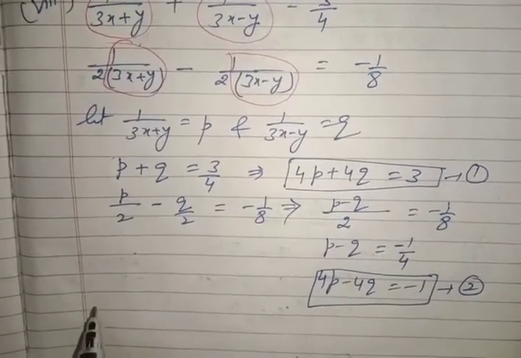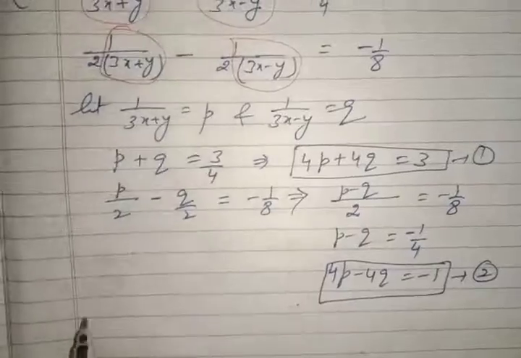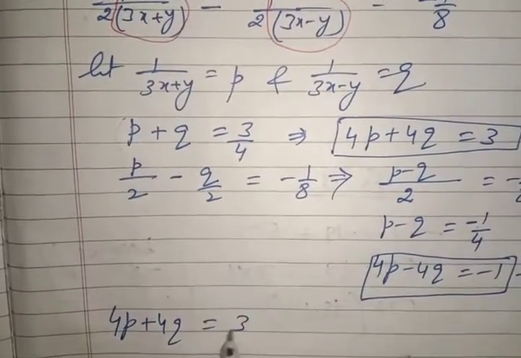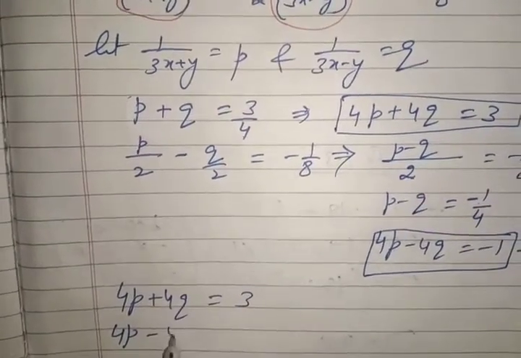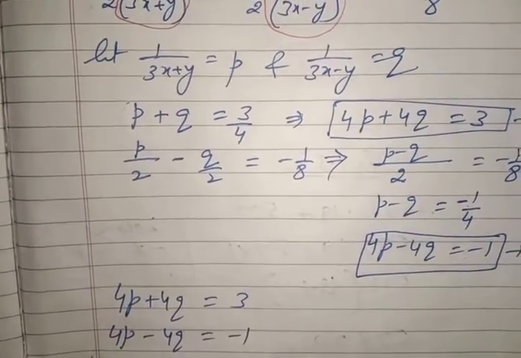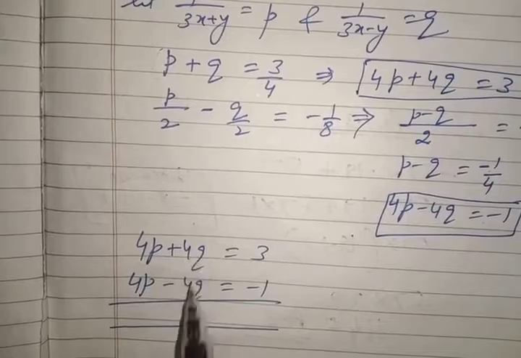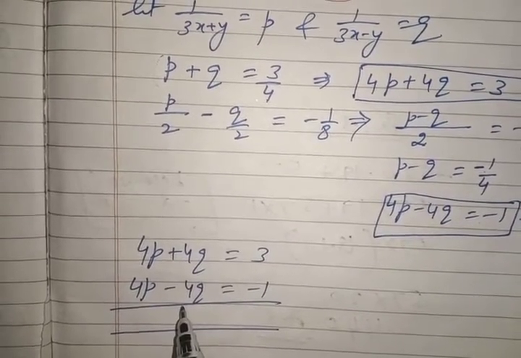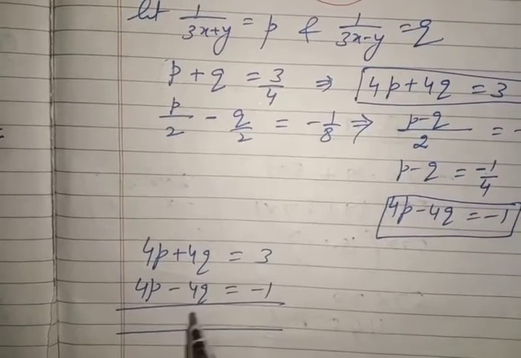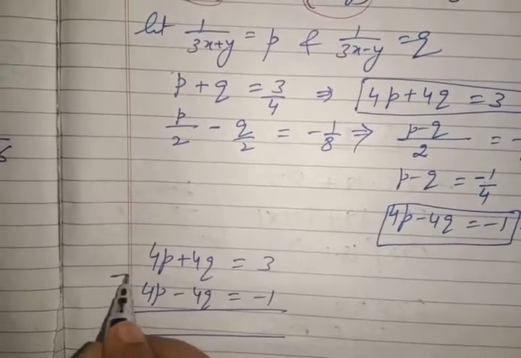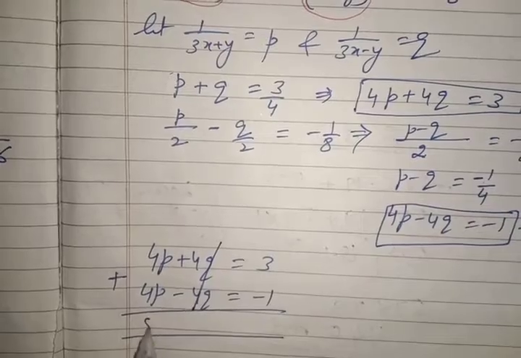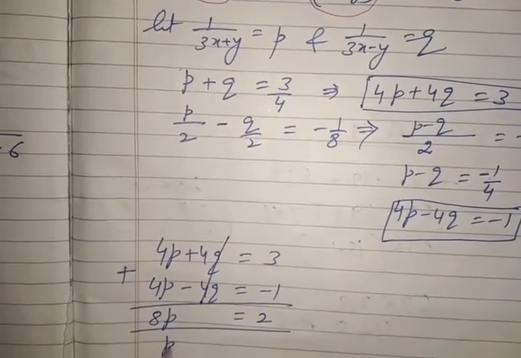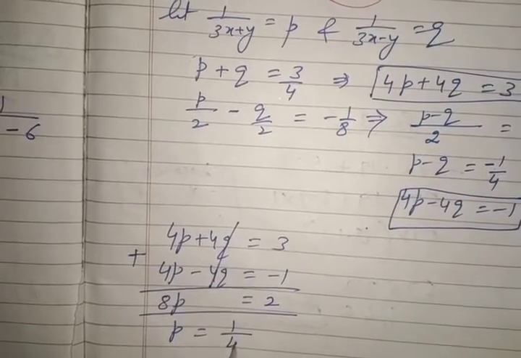Now we'll solve these two equations by the elimination method. 4p plus 4q is equal to 3 and 4p minus 4q is equal to minus 1. Because the coefficients of these two are the same, when we add, this q will get eliminated, and this is 8p is equal to 2 and p is equal to 1 by 4.